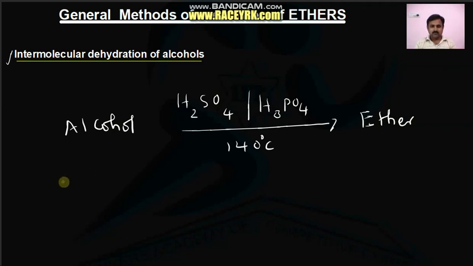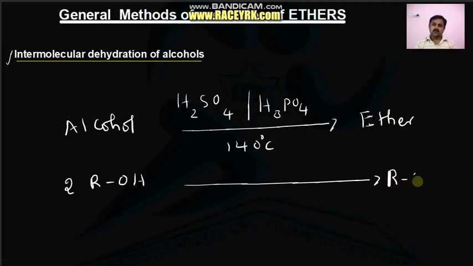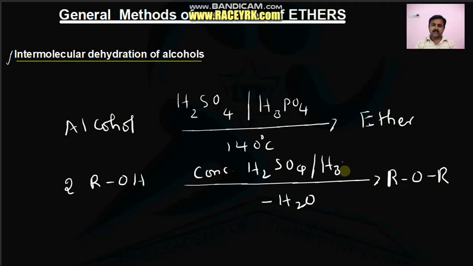So if you take two molecules of alcohol ROH, the two molecules of alcohol in this condition give ROR with the removal of water molecule. So here water molecule will be removed in the presence of concentrated H2SO4 or orthophosphoric acid.